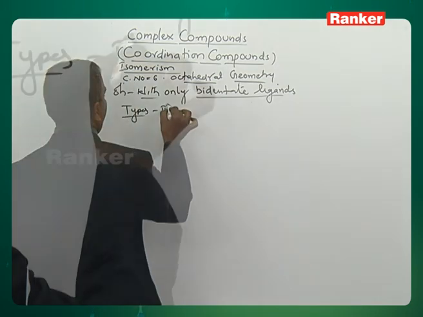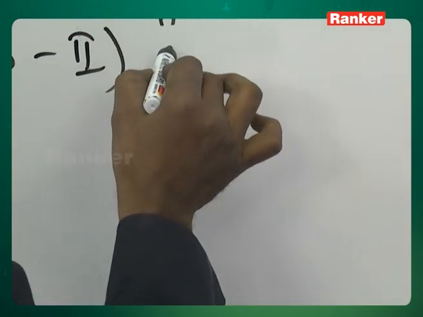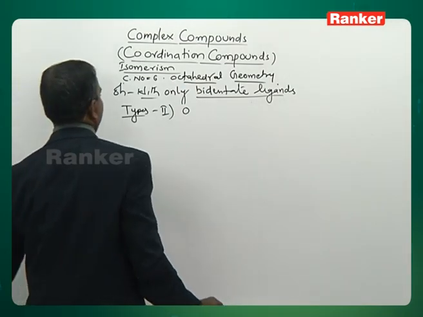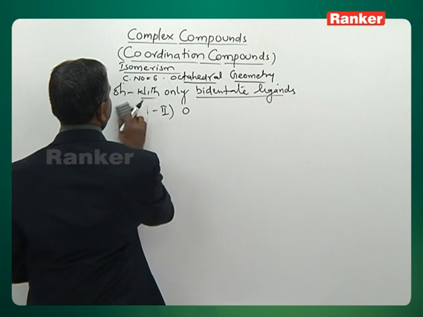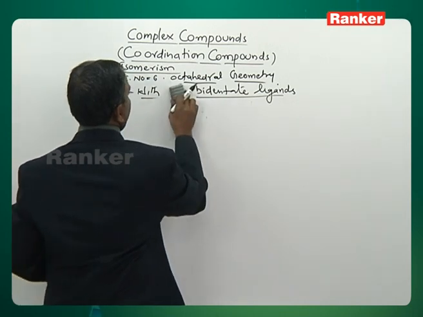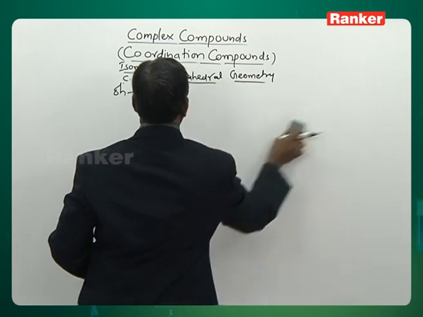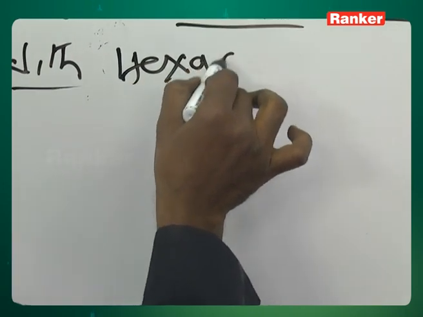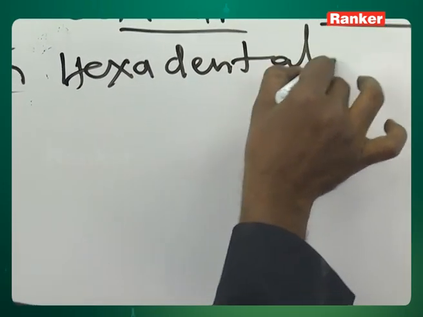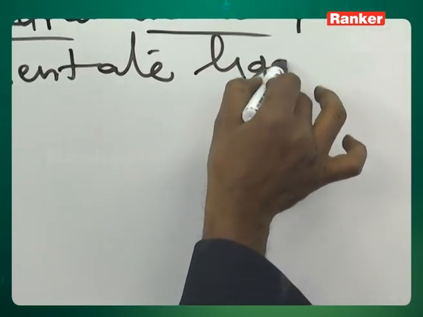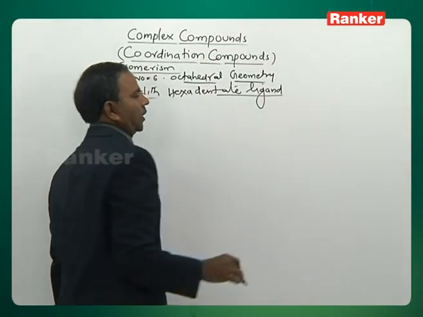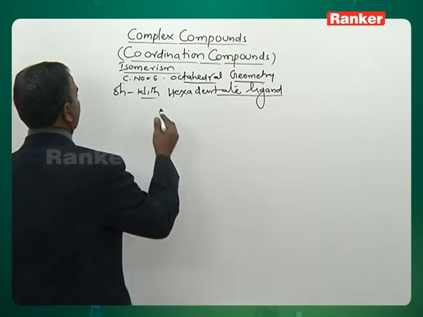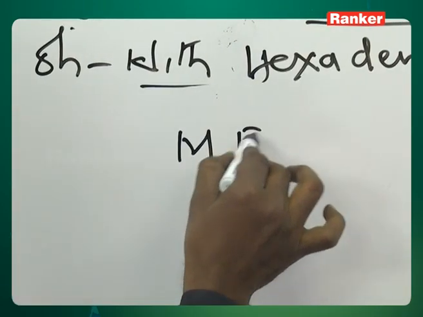Let us consider this as the next type. Octahedral with hexadentate ligand, take M EDTA.